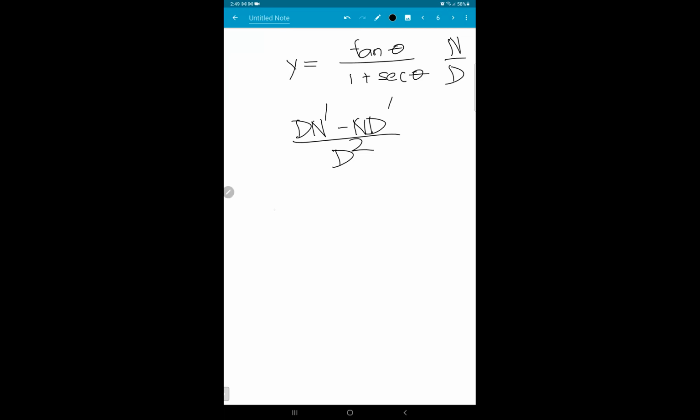So y prime, or sometimes we use dy/dx to denote the derivative of y with respect to x. Prime is always used if we have x as the independent variable. If it's x, then y prime is understood to be with respect to x. Now, if it's not with respect to x, usually we indicate that by using the differential form.